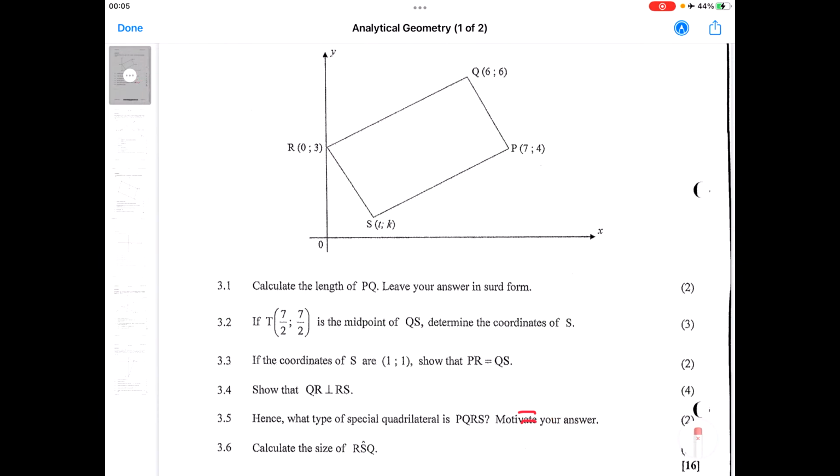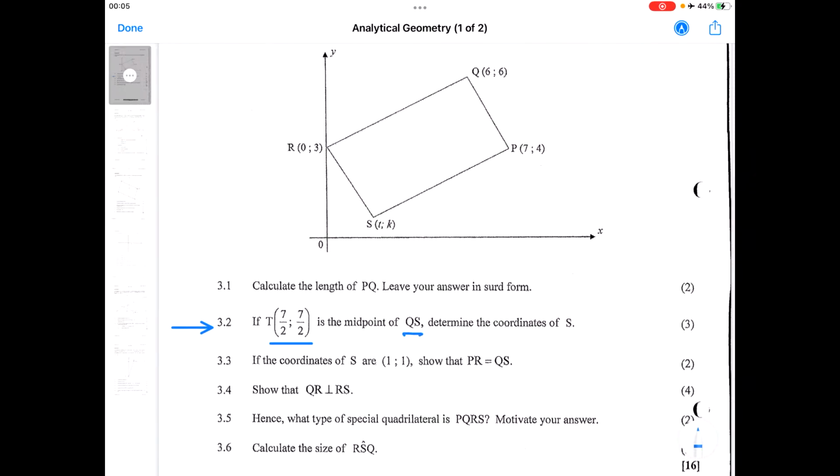So let's see. The next question says, if T, which is a point, has the coordinates 7/2 and 7/2, if that point is the midpoint of QS, where is Q, where is S?